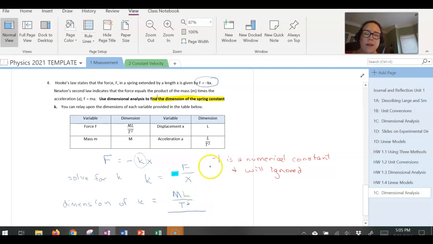And the dimension of x is L. And so now I can simplify. I have one L in the numerator and one L in the denominator, so they can cancel, and I end up with a dimension of mass over time squared, and that must be the dimension of that spring constant k.